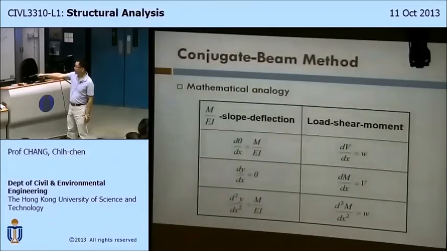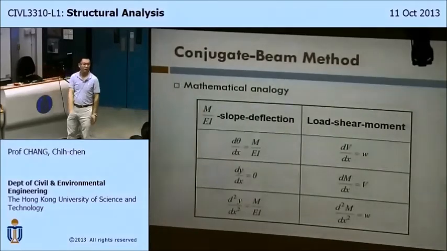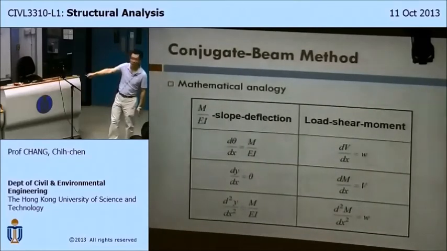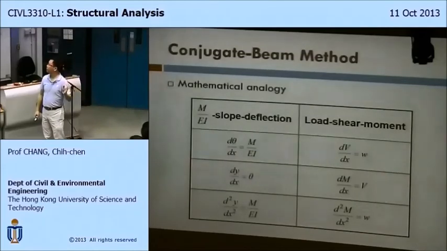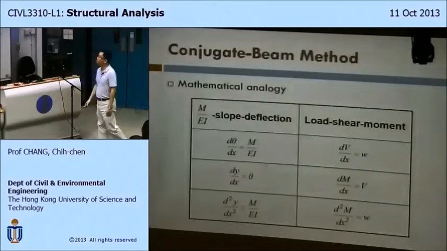If you expand a little bit on that, you come out with these two formulas. This is dθ/dx equal to M over EI, and this is dy/dx equal to θ. These two combined lead to the moment curvature relationship. So that's the first set of equations that we can establish from slope deflections and moment curvature.